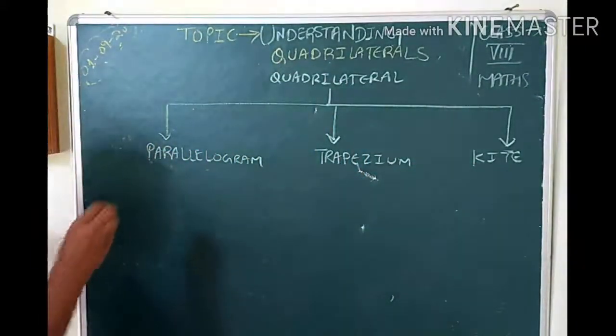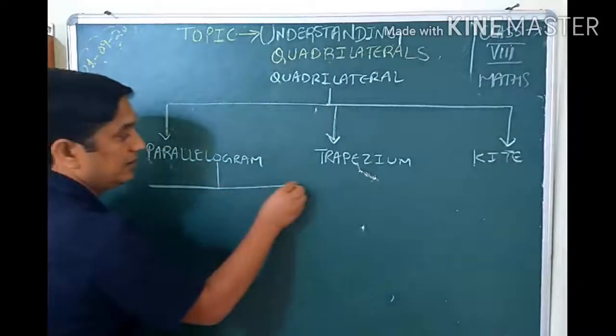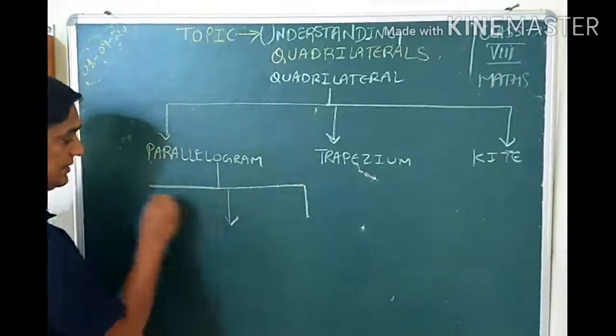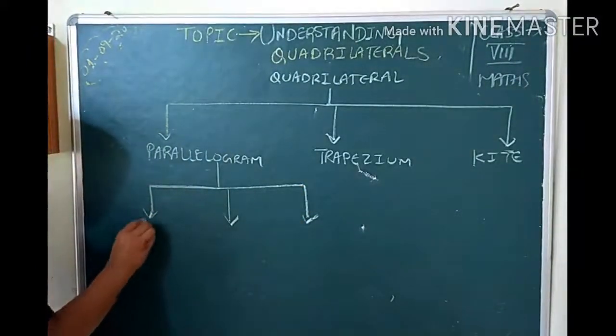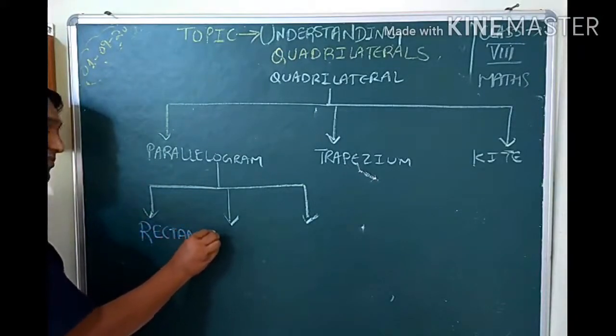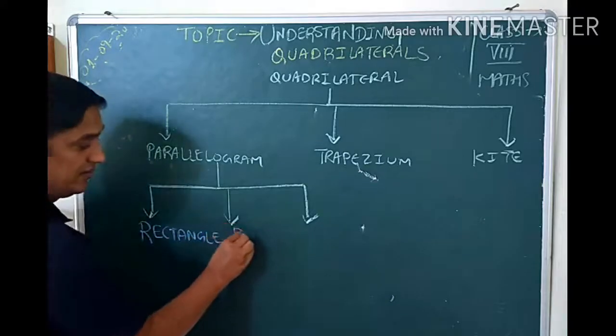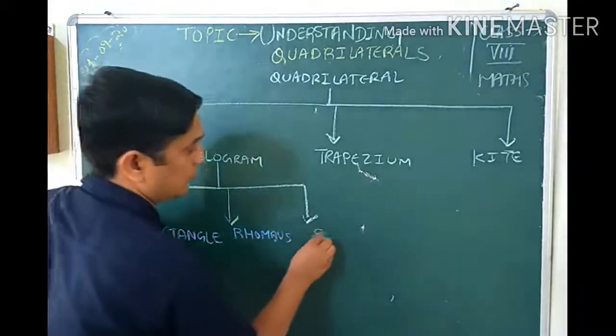And children, this parallelogram is further divided into 3 types, and those are rectangle, rhombus and square.